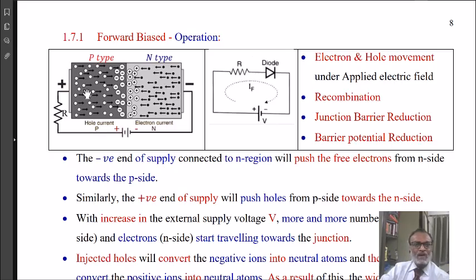While crossing, they combine with the immobile ions of opposite polarity, and therefore further reduce the number of immobile ions and constitute a larger current, which is governed by the externally applied potential. So if we go on increasing the external potential, the current through the specimen increases. That happens in forward bias.